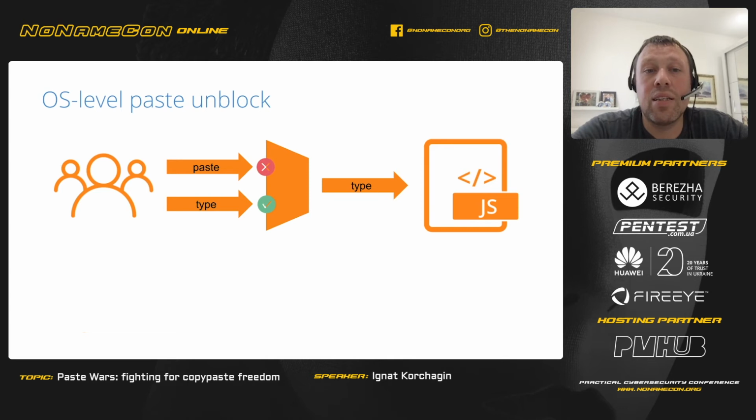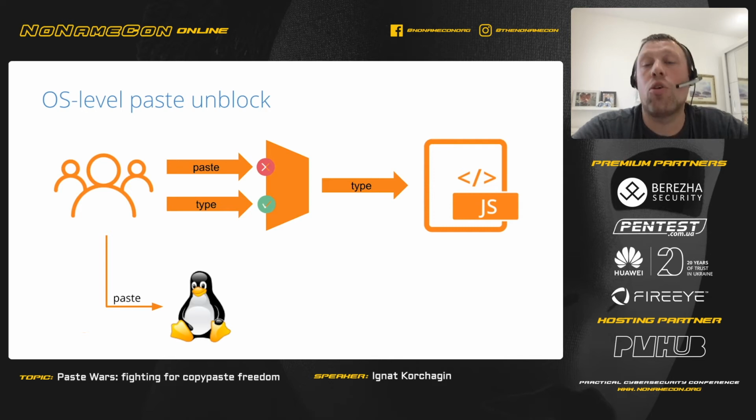With operating system level paste unblock, we take a different approach. Instead of trying to subvert the application's filter to block paste, instead of pasting our password directly into the login form of the application, we paste our password into the operating system. We pass it to the operating system, and the operating system on our behalf just types that password in.